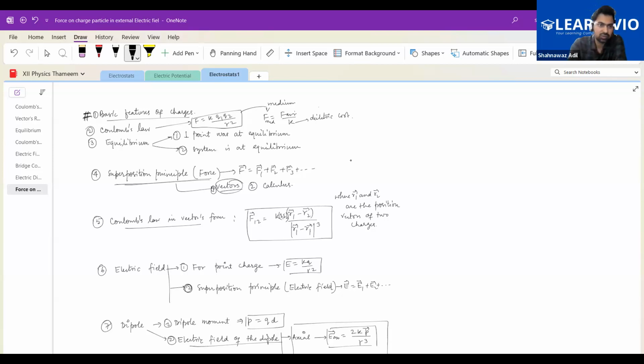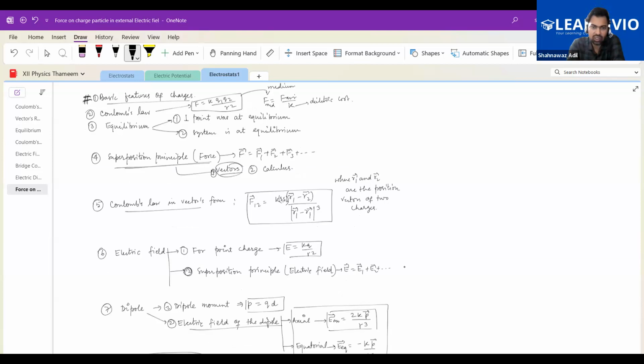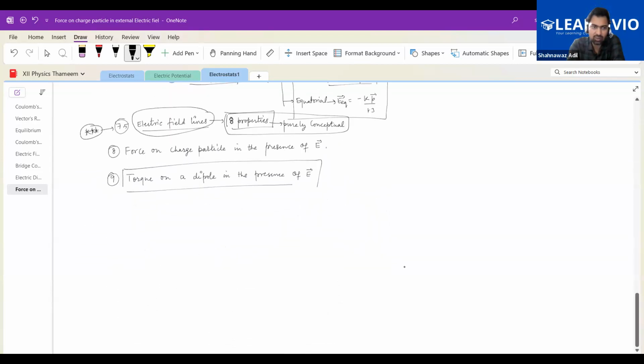So that is not that important, but we will try, because your exam will happen on the 4th of June. So they will ask, I guess, 3 chapters. First 2 chapters we will complete, and then the third chapter we'll do in the vacation. So we can cover all those things.